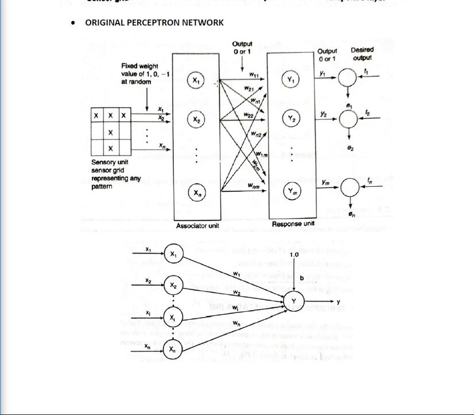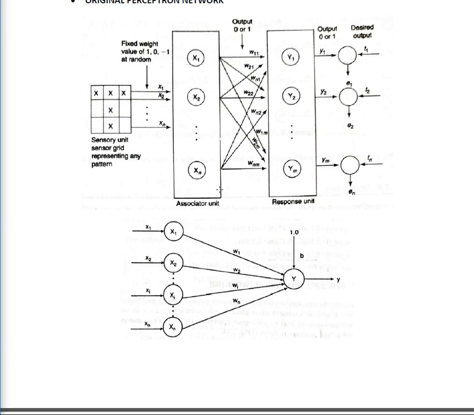The sensory unit is basically used to collect the inputs x1, x2, x3, which have a fixed weight of 1, 0 or -1, and a binary activation function is used in the sensory unit for processing the weighted input through the corresponding weights w. The output signal is binary information.